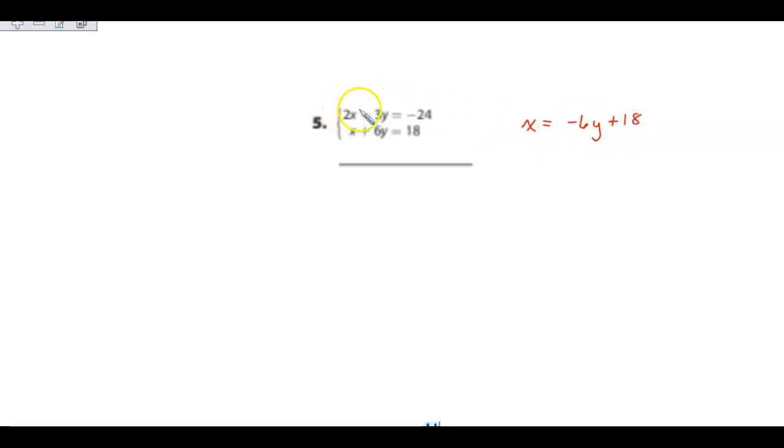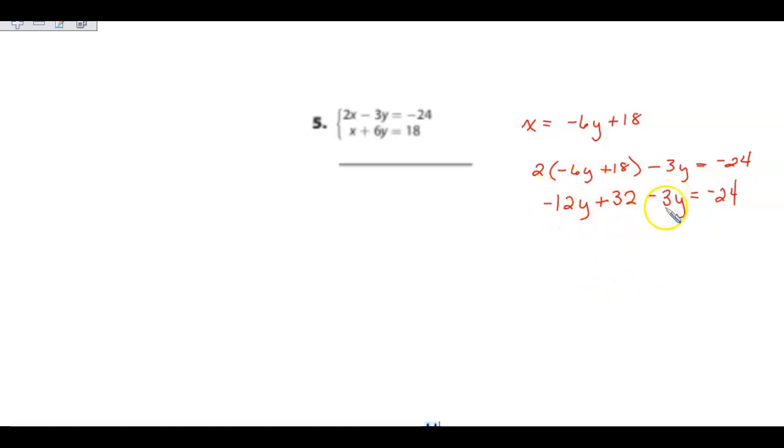So in this case, I'm going to substitute this x right here. Okay, so I'm going to have 2 times negative 6y plus 18 minus 3y equals negative 24. And so I'm going to distribute. That's going to be negative 12y plus 36 minus 3y equals negative 24.